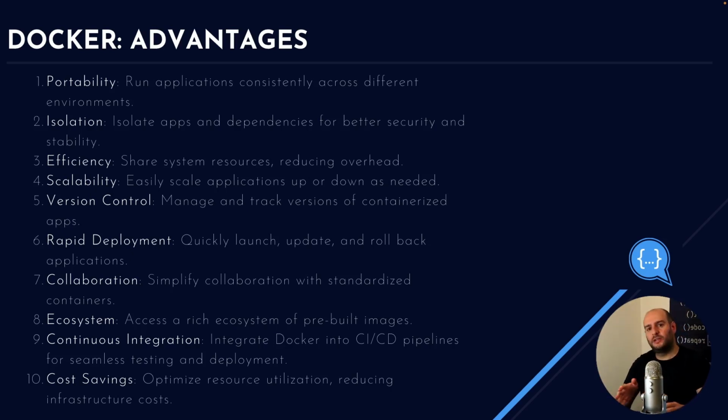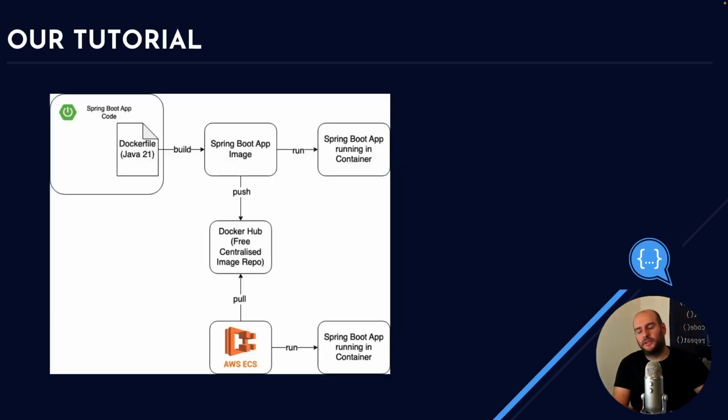So it's really useful for testing and continuous integration, and it's very useful also for cost savings. You can reduce infrastructure costs a lot, because you can descale and scale whenever you need, instead of scaling and descaling manually.